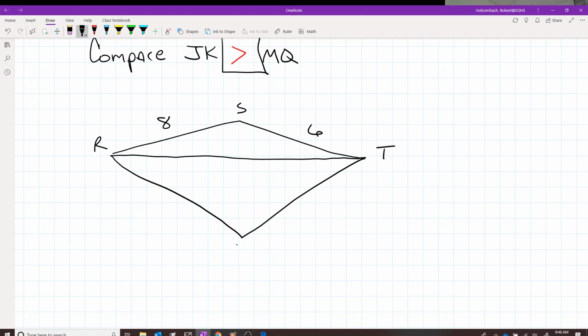Triangle RVT is on the bottom with sides that are 8 and 11. You're asked to compare angle SRT to angle VRT.